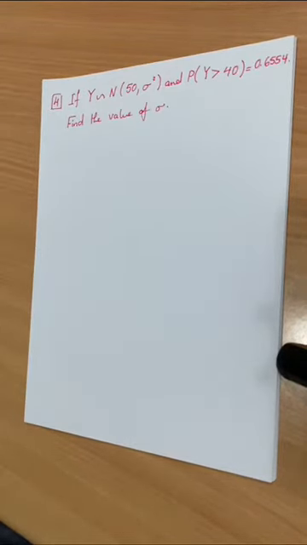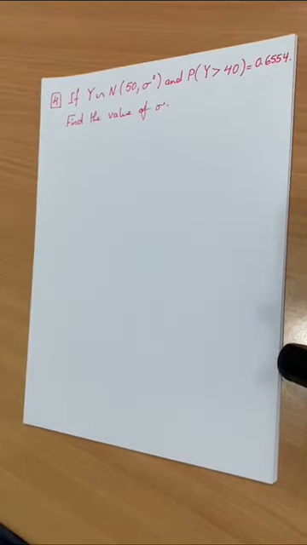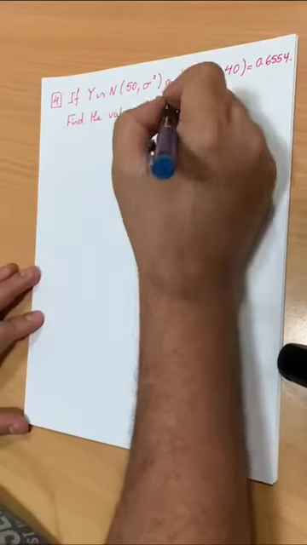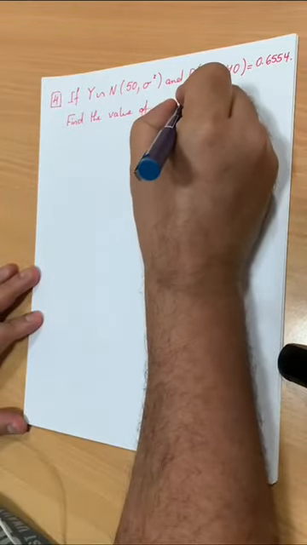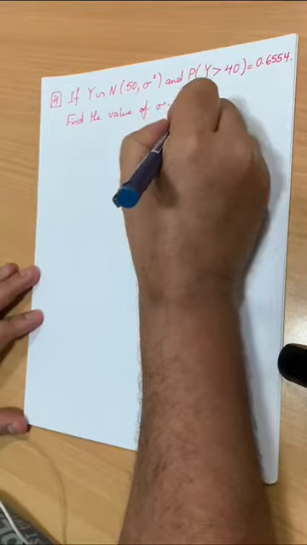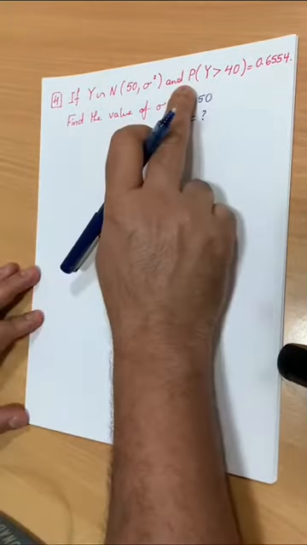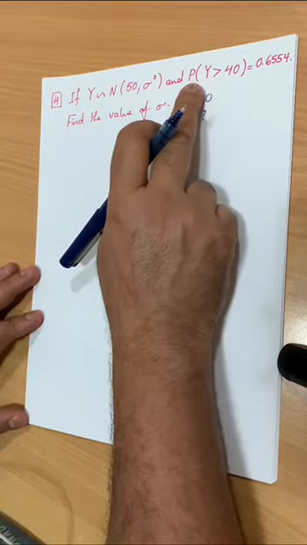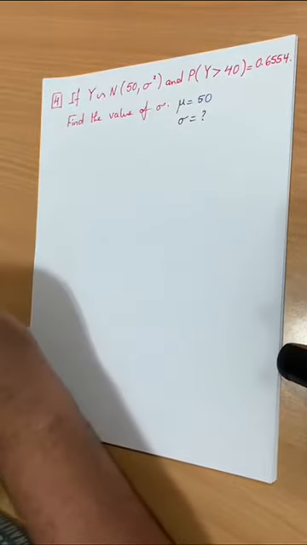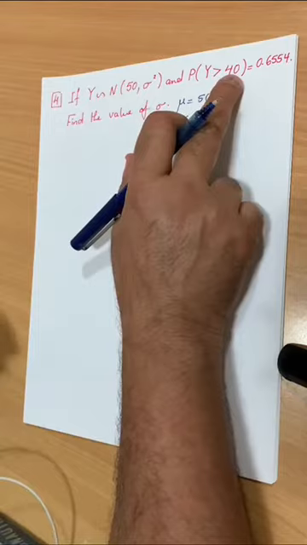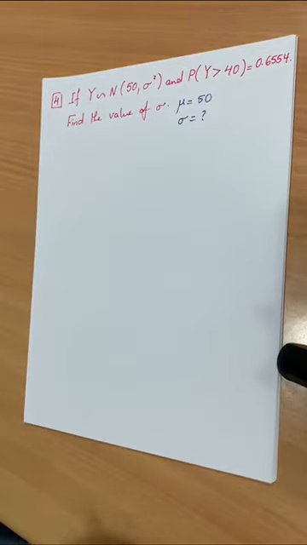Question number 4. If Y is distributed normally with mean 50 and sigma squared, so mu is 50 and sigma is unknown, it's required to find the probability of Y more than 40. This is not a normal distribution variable, it's a random variable.